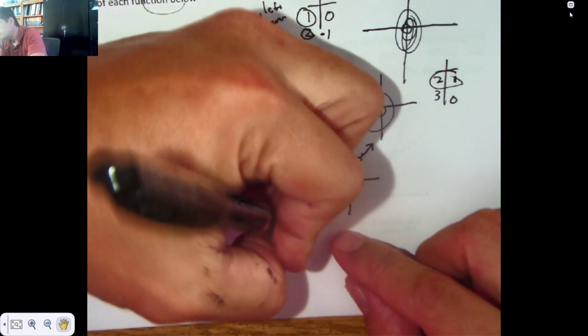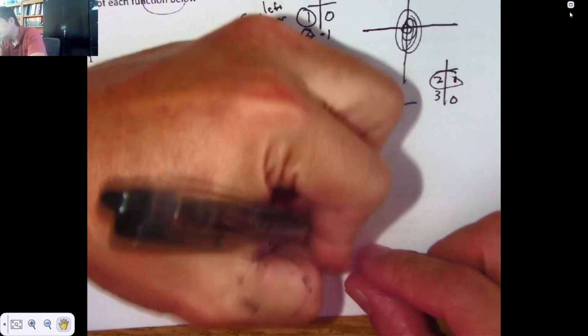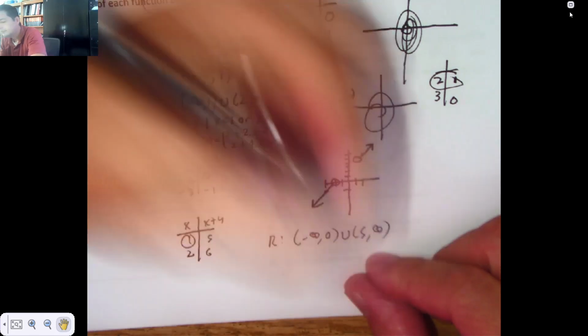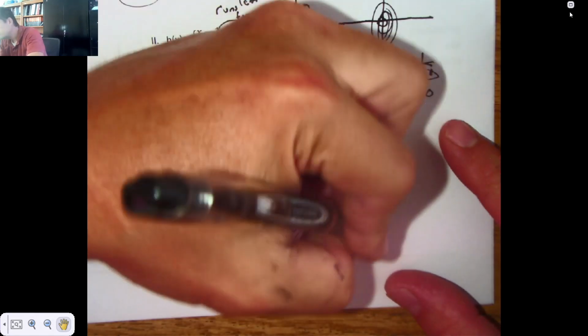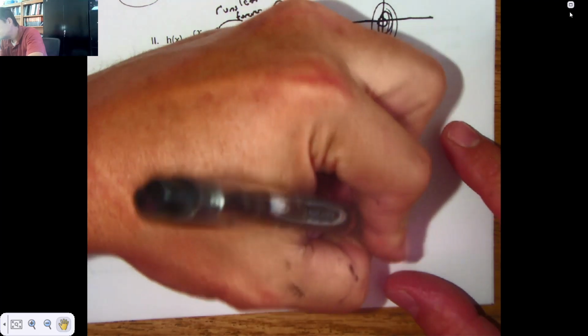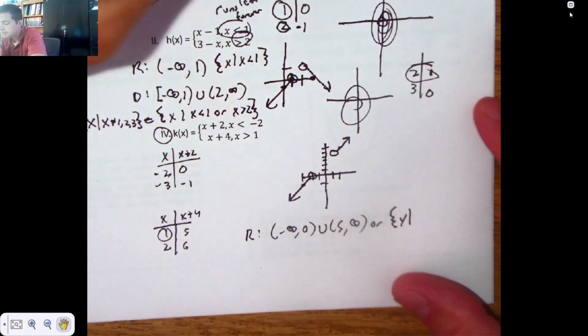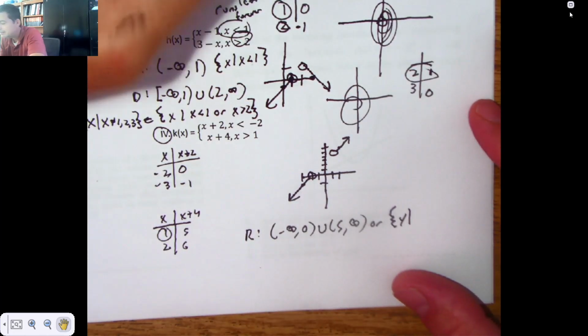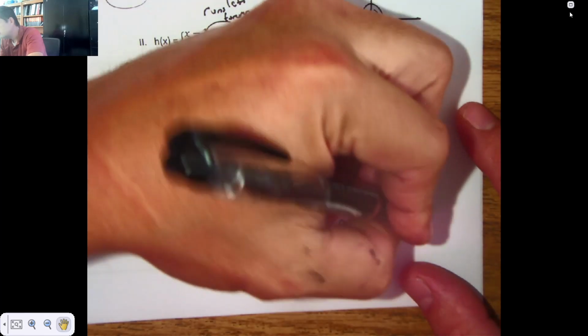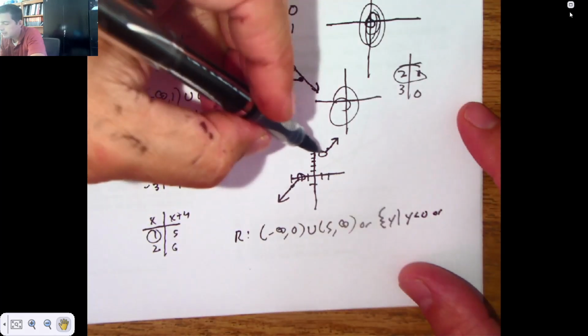So the range is going to be -infinity to 0, not including because it's an open circle, union with 5 to infinity, or if you like your set builder, all values of y such that y is less than 0 or greater than 5.